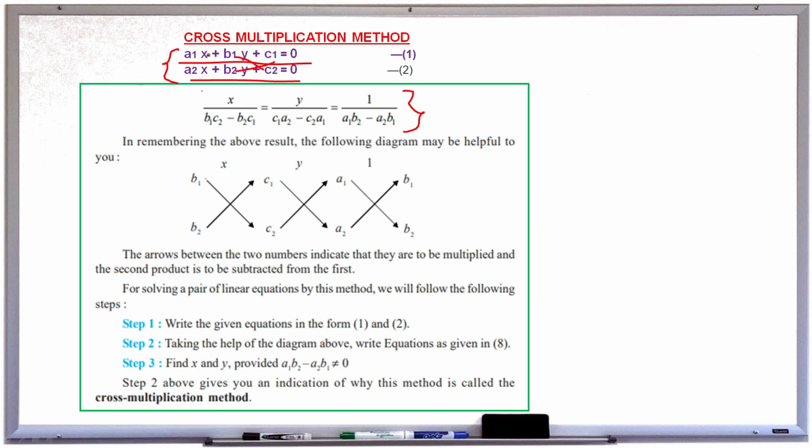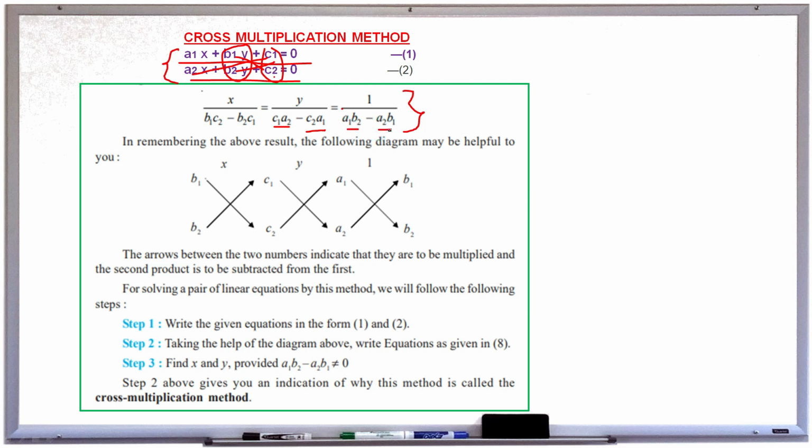X term, just close it, so cross multiply. b1 c2 minus b2 c1 is equal to y by, just hide the y term, c1 a2 minus c2 a1, is equal to 1 by, constant term, just close this term, a1 b2 minus a2 b1.